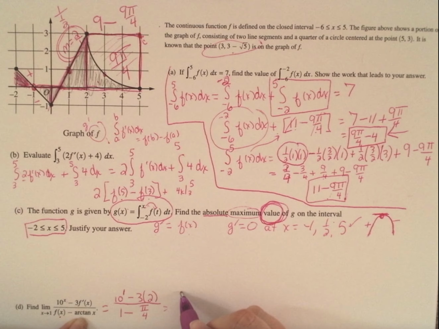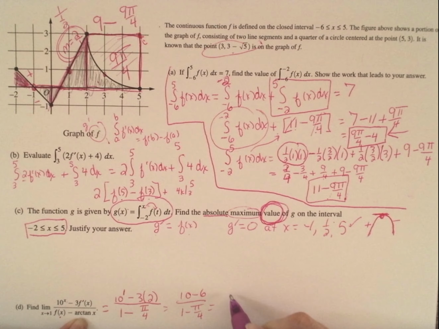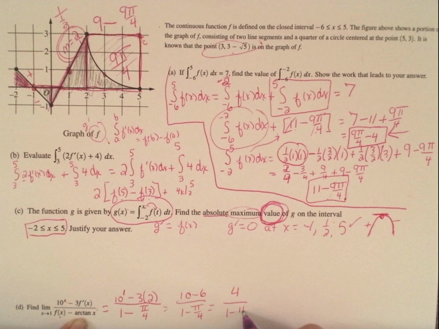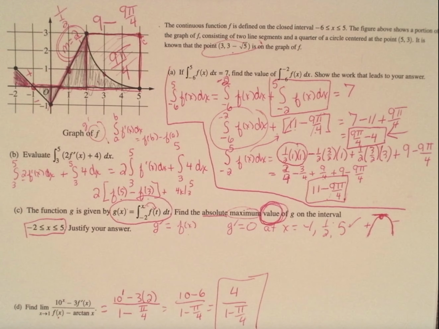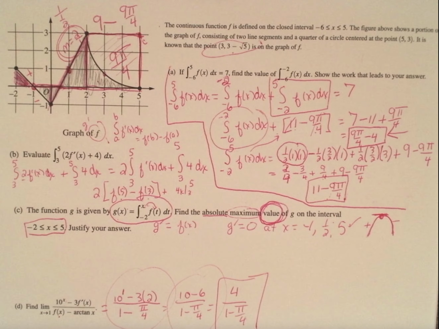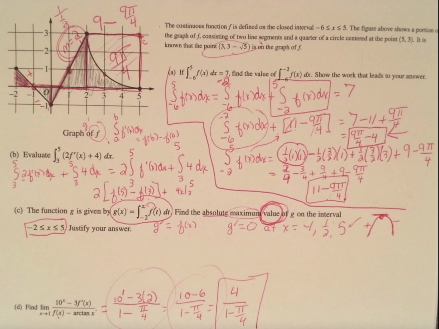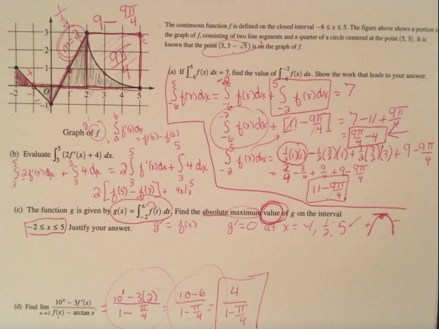And so now I have 10 minus 6 over 1 minus pi over 4. So that's going to be 4 over 1 minus pi over 4. You are not expected to simplify that. In fact, you could have stopped right here, or you could have stopped at any of those because remember, arithmetic is not required.